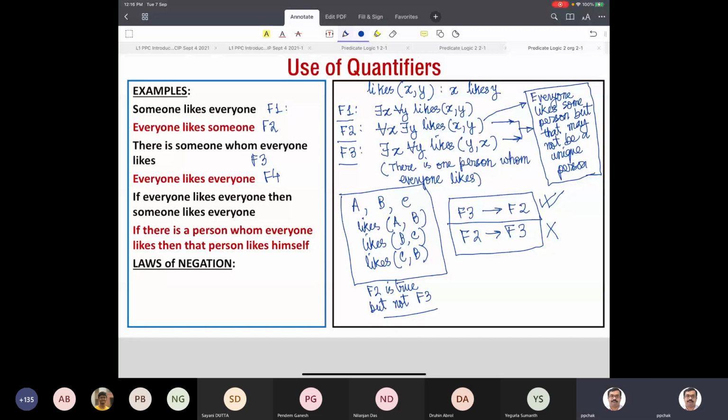What is F4? For all X, for all Y, likes X, comma Y. Perfect. What about F5? F4 implies F1.